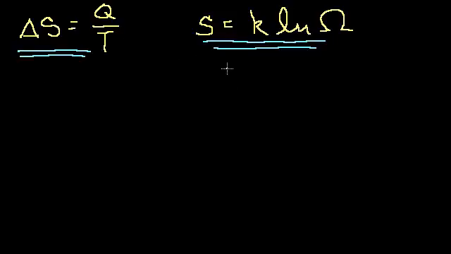So given that we've seen these two definitions, it's a good time to introduce you to the second law of thermodynamics. Second law. And that's this. That's a pretty simple law, but it explains a whole range of phenomena.